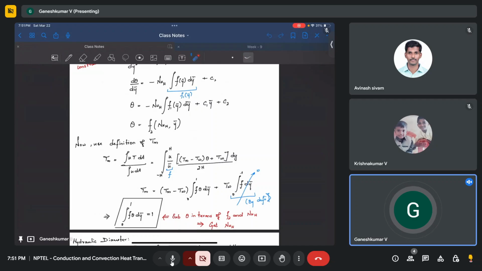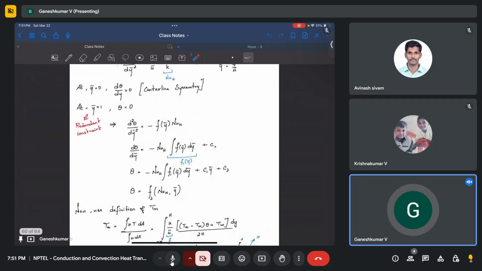But we have used both the boundary conditions, and those two are not unique boundary conditions. One is just a redundant constraint, because of the definition of theta, you will end up having theta equal to 0 at y bar equal to 1. So we need one more condition for this to be closed.